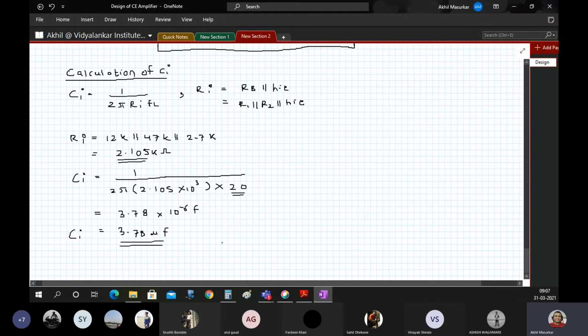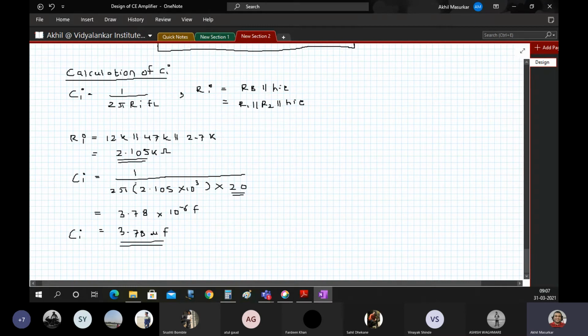3.78 microfarads. Now, capacitor, like resistor has got a wattage rating, capacitor has got a voltage rating. So 3.78 microfarad is fine. But if you look at a capacitor, it will always have a voltage rating. And how to actually find out the voltage rating of the capacitor?